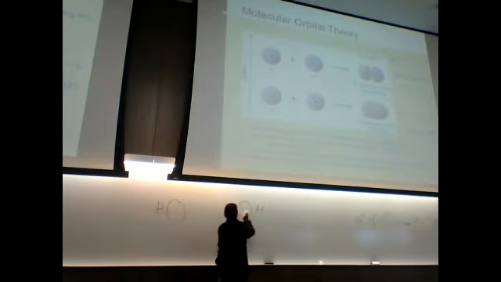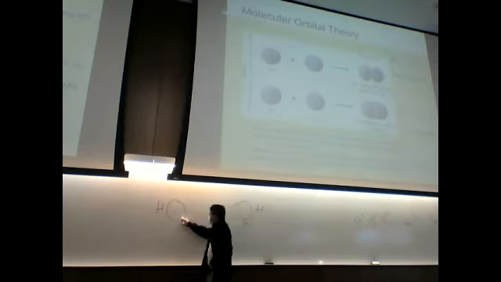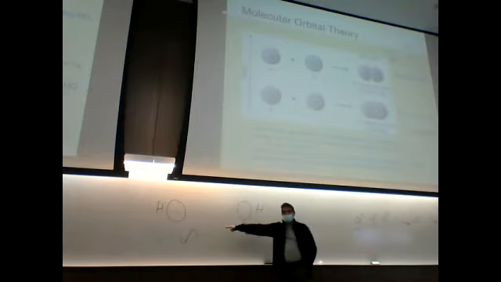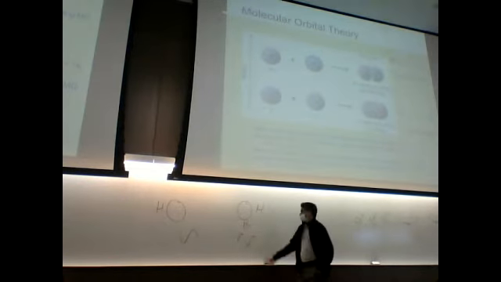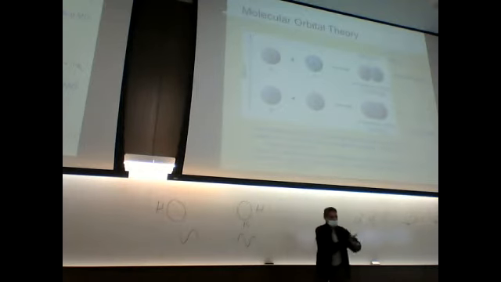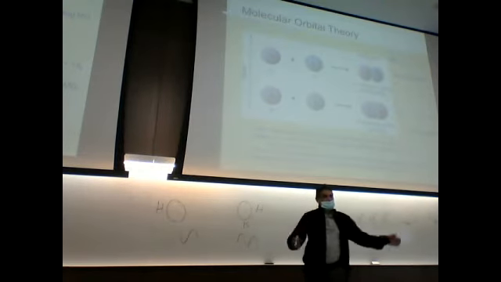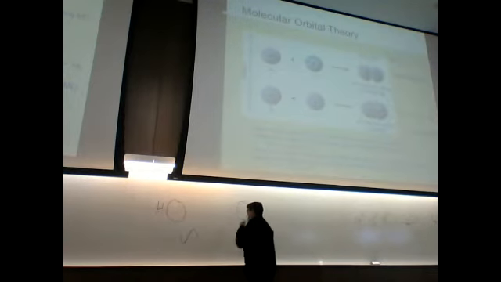Now these two want to bond. So what they say is that this one is waving like this, and this one is just like a water wave, and this is also waving like this. It's just like water going up, water going down, water going up, right? So both of these orbitals are waving. Now what happens is like this.